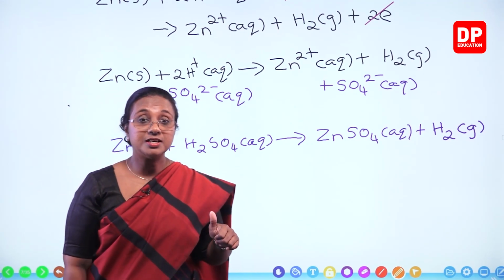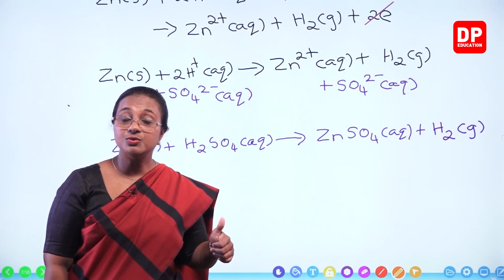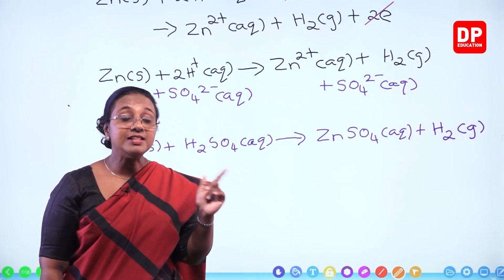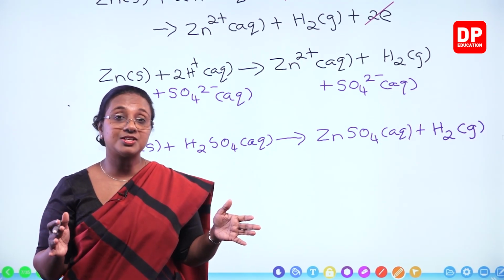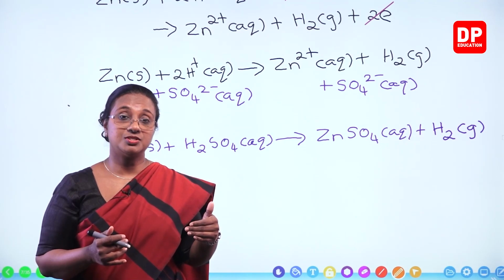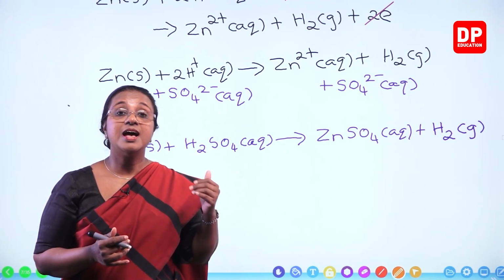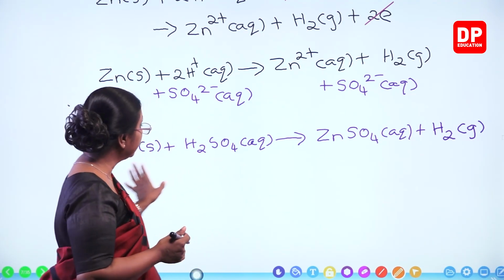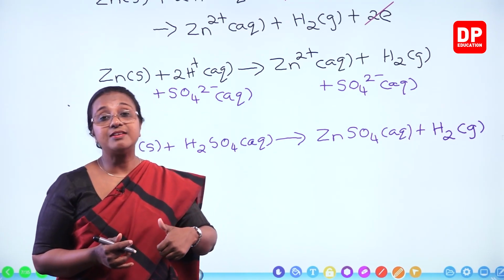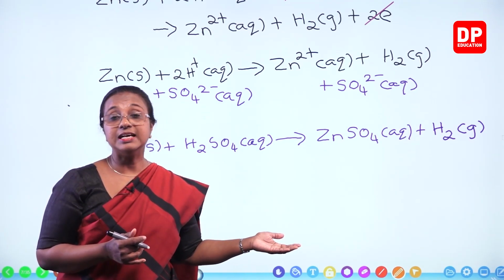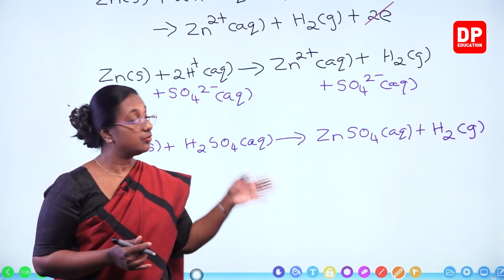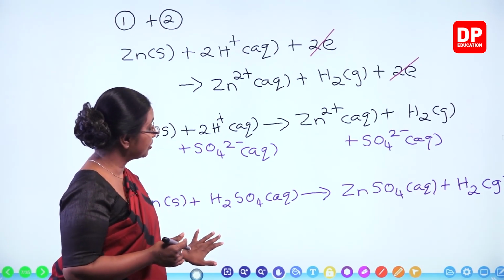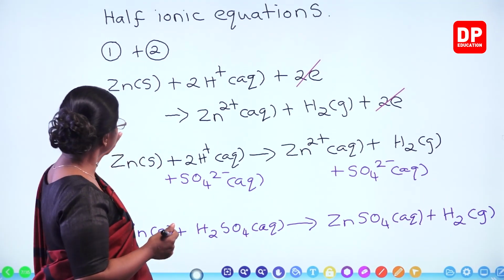So I introduced the terms oxidation, a species loses electrons, reduction, a species gains electrons, and when there are electrons and charges in a reaction, those are half reactions, or the equations are known as half ionic equations. So one particular reaction can be written as oxidation and reduction. That is how we get the electrochemical cell. So you need to understand these concepts first, students. Then only you will be able to understand the functioning of a cell properly.